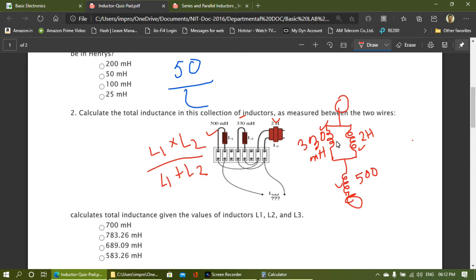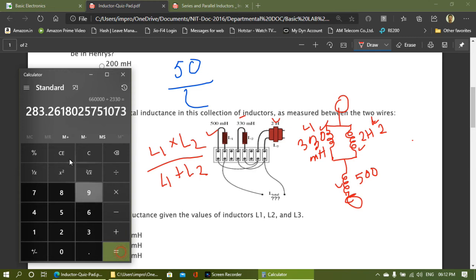This is your L1, this is L2, and this is the application of the formula. So let's see, we find 283.26 millihenry after paralleling these two inductors, and then we have another inductor in series, 500. That means this inductance will be added to this result. So add it.